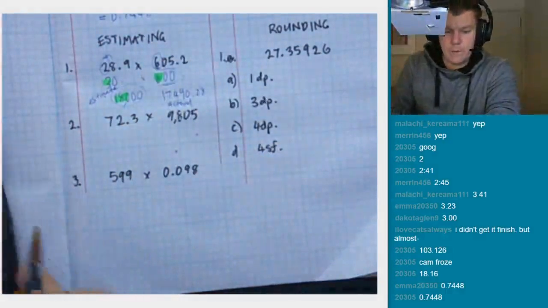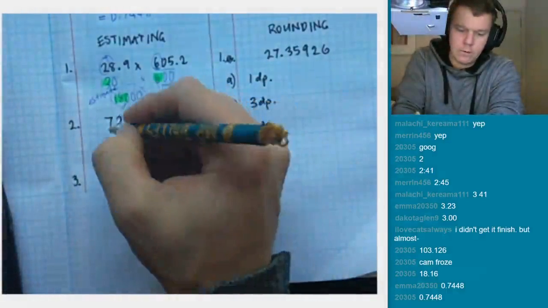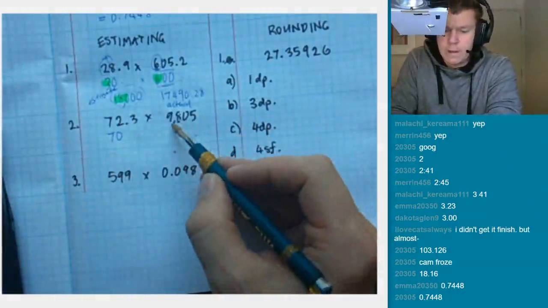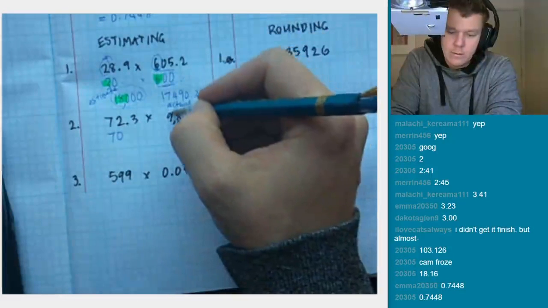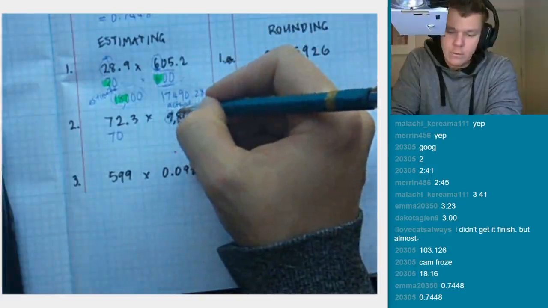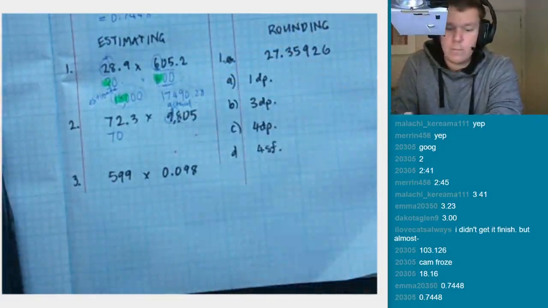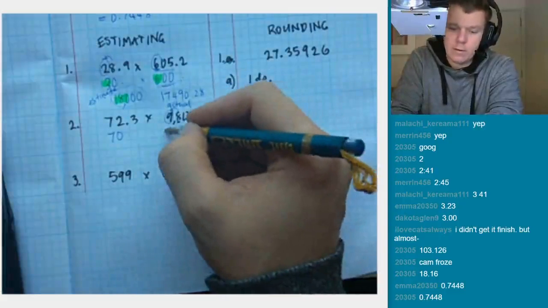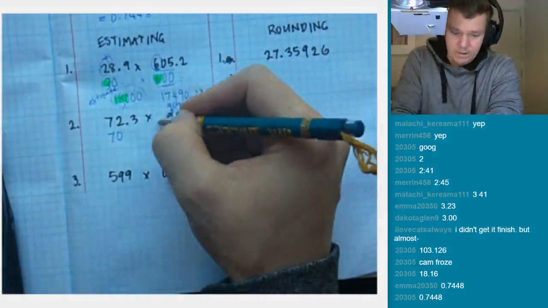Alright, let's do this one. 72.3, we'll round to 70. 9,800, for this one, we would generally round that 9 up. So you've got to be careful with 9s, because it's going to round up to a 10.